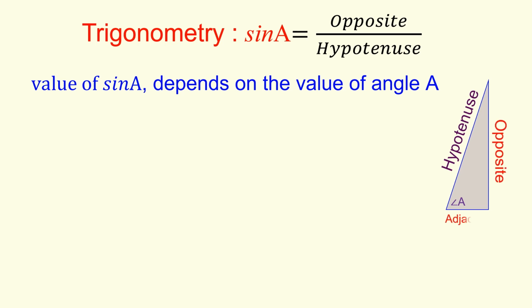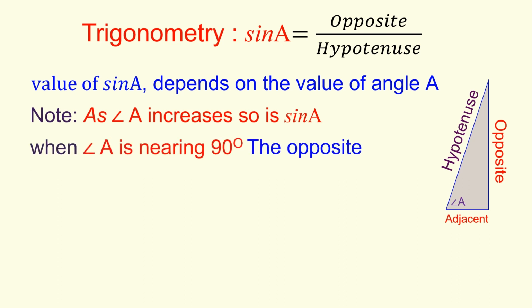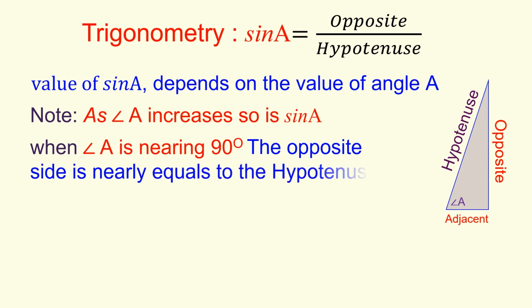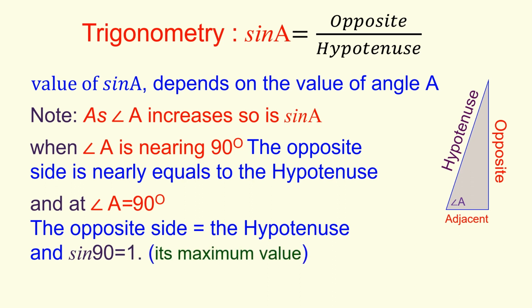Please note here that the value of sine of angle A depends on the value of the angle A. As angle increases, so does the value of sine of the angle A. When angle A is nearing 90 degrees, the opposite side is nearly equal to the hypotenuse, and at angle A equals 90 degrees, the hypotenuse equals the opposite, and sine A equals 1. The maximum value of the sine is at 90 degrees, that is equal to 1.